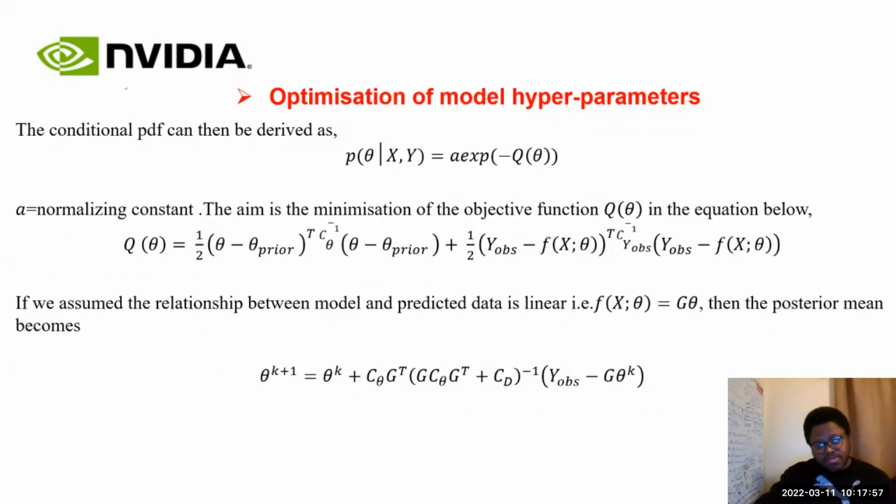So the negative of this expression Q, which is given by this, if you differentiate it with respect to theta and equate it to 0 to get the minimum of that cost function, then you get this Gauss-Newton-like update. Your G is your gradient if it's available, and this term here is the innovation or the residual. This is how far you are from the true label. This expression here is known as the Kalman gain matrix.